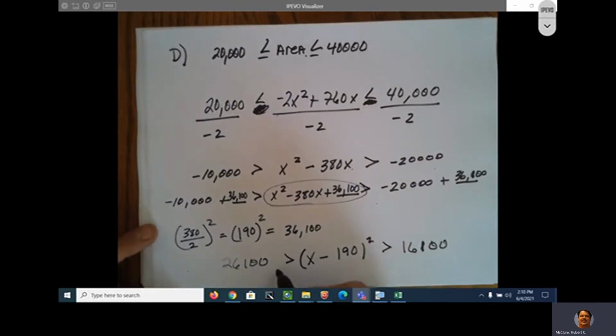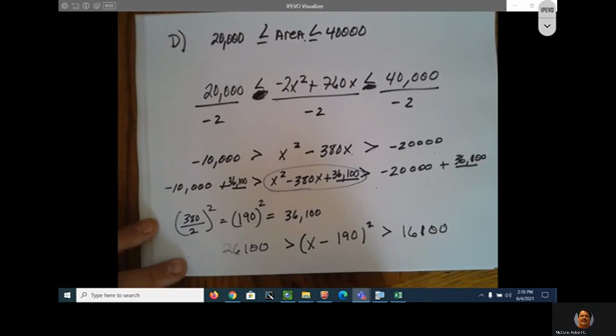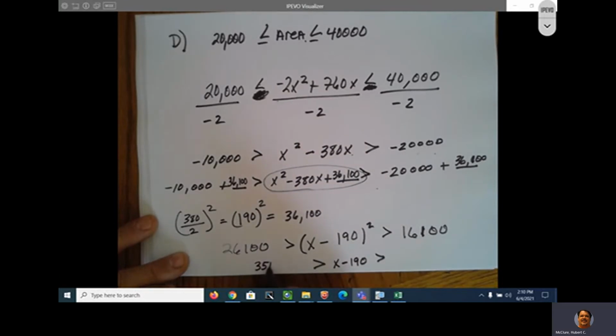And you're going to take the square root of both sides. And that's going to give you x minus 190 in the middle. And the square root of 26,100, I believe, is 351.55, and the square root of 16,100 is 126.85.